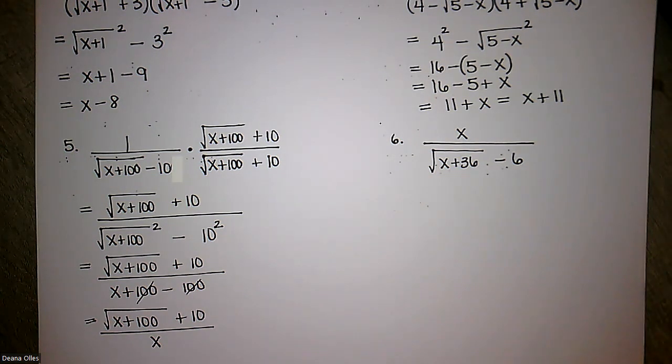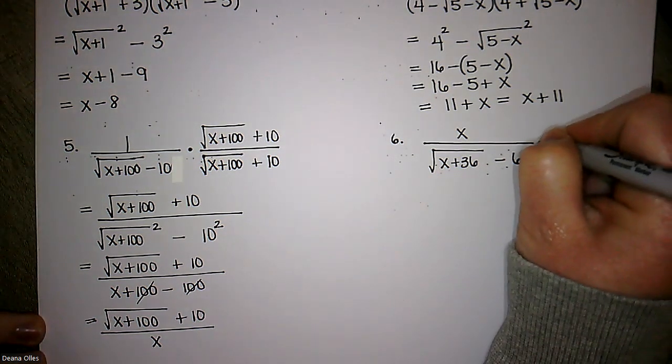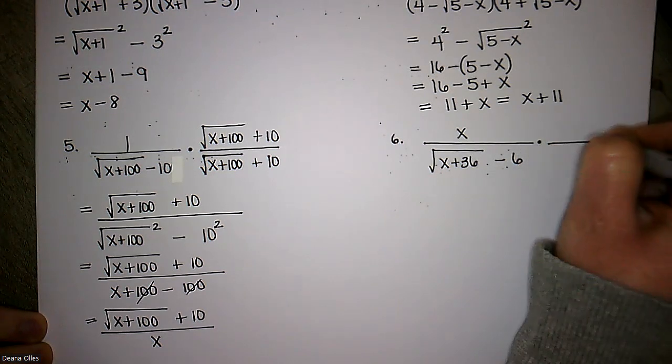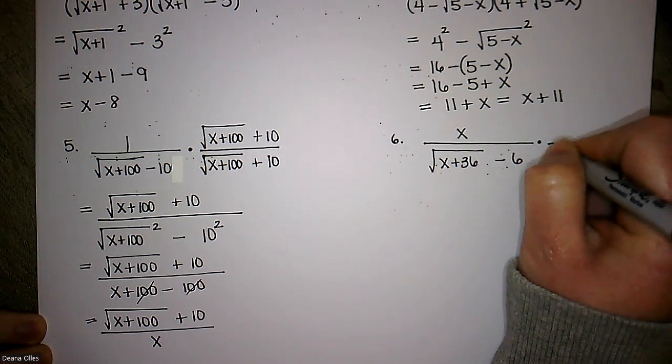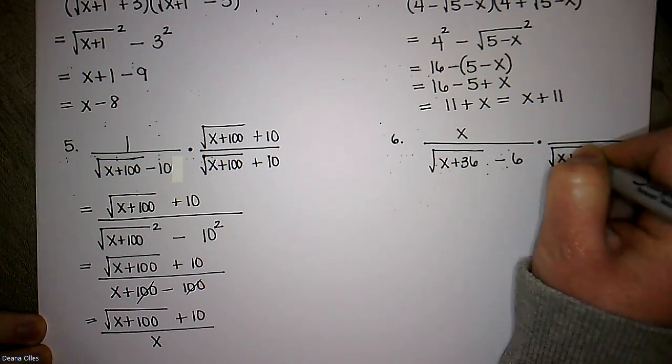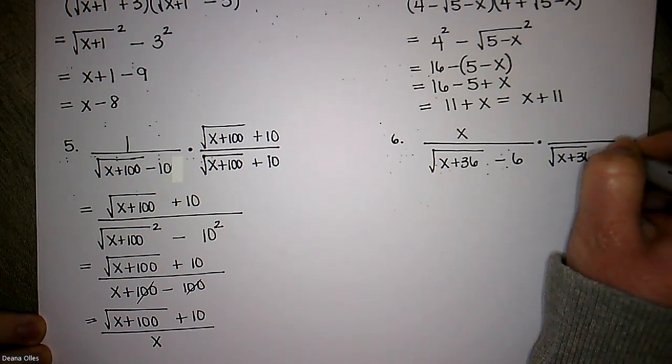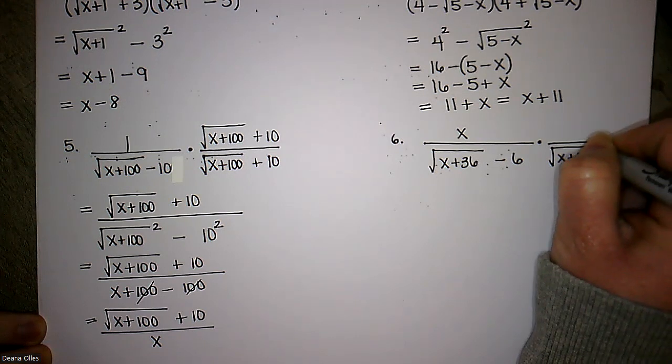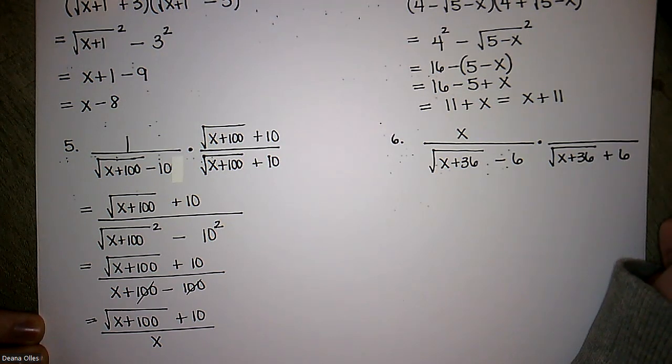All right, so similar situation over here. We want to eliminate the root from the denominator. So we're going to multiply the denominator by its conjugate, because what we do by multiplying by the conjugate is we square the two terms, getting rid of the square root.